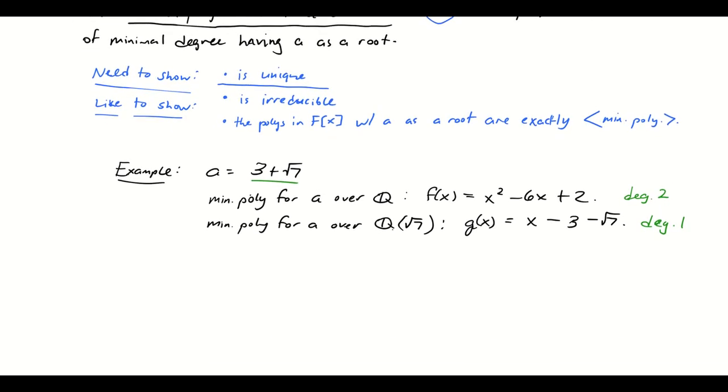Okay, one last definition. I promise I'm going to try and make this worthwhile. And that's back to the idea of conjugates. We talked about conjugates at the beginning of this video. Now let's close that loop.